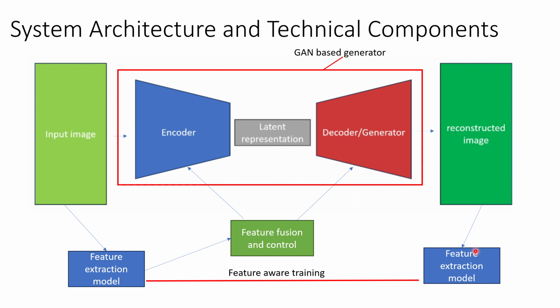And for the training, we use the same feature extraction model to extract the same features from the generated faces. So we can use these features to supervise our network, to guide the network to learn these features. So I call this feature-aware training. This is to address the dataset problem.